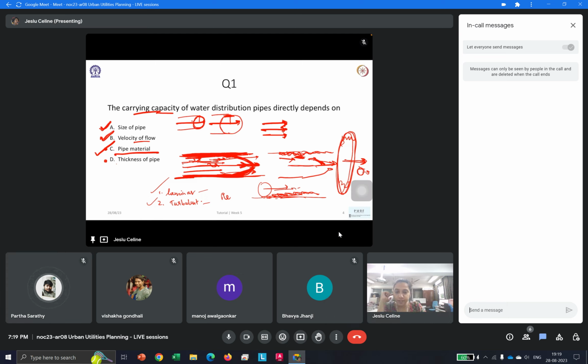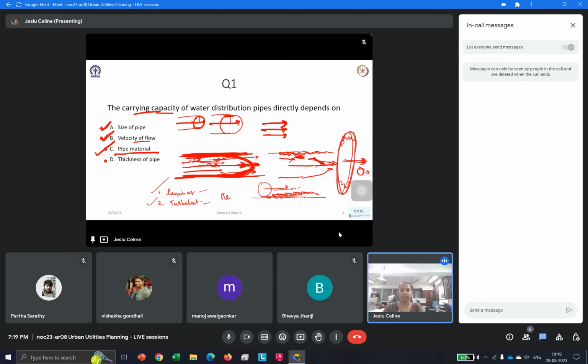Okay, somebody said no, it doesn't influence. Can you give your reasoning why you feel it does not influence? If it's affecting the effective diameter or effective area, then it will influence. Correct, outer thickness will not influence.